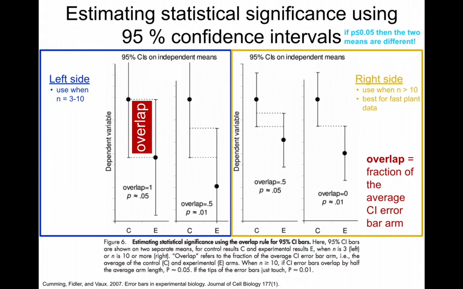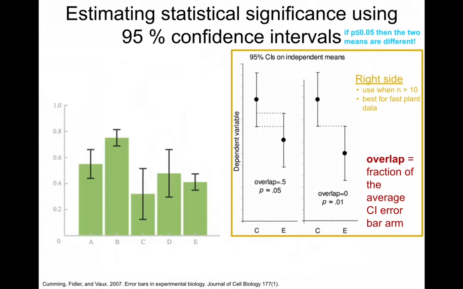So let's give this some practice by looking at more instances of 95% confidence intervals. So here's our figure of error bars around means depicted by bar graphs on the left, and we've kept the guide from the earlier figure on the right.